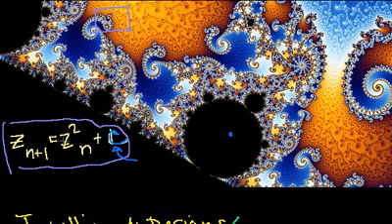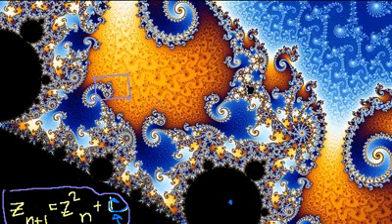Then you put that in here, and you do that number squared plus that complex number, and you do it again, over and over and over. It turns out that some numbers don't go to infinity, and those numbers are in black. They're considered part of the Mandelbrot set. And for the numbers that do go to infinity as you iterate on this formula, you color them based on how fast they go to infinity. And it creates this infinitely beautiful and complex pattern.